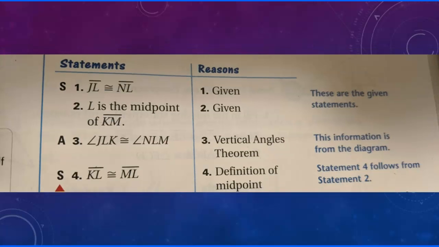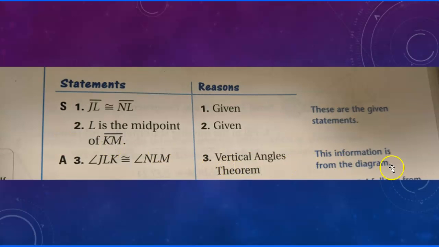No, okay. They're going to jump right in. The information is from the diagram, so these are given statements. This comes from the diagram. It's the angles. The angle JLK is congruent to the angle NLM.